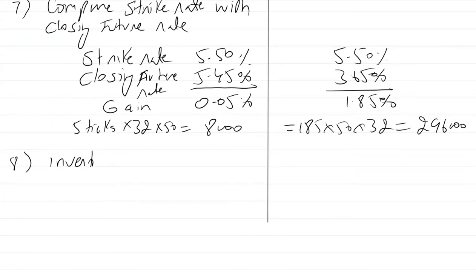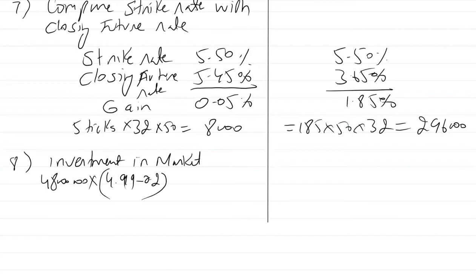Investment in market. Just copy this step from the above future or forward derivative. This will be 48 million into 4.99 minus 0.2 into 4 by 12, 766,400.